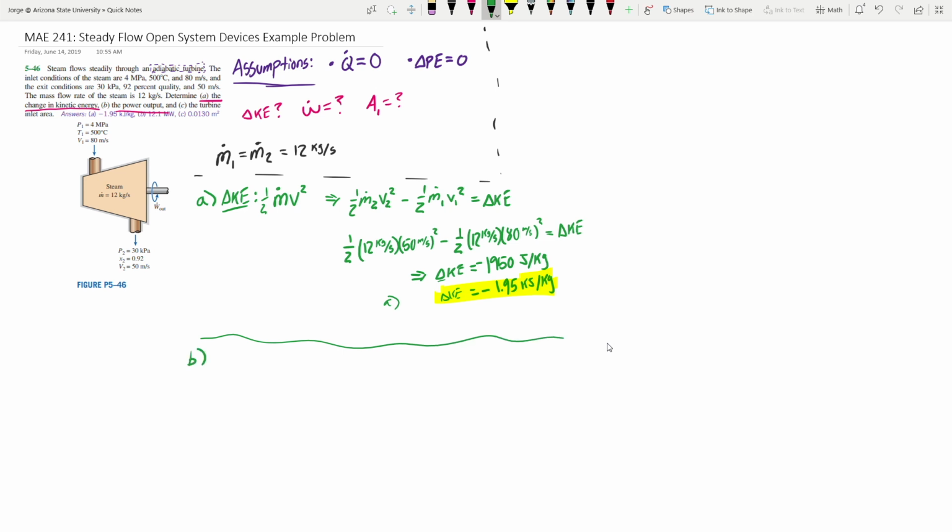So part B asks for the power output, W dot. And another thing I usually always do with thermal questions is an energy balance. So let's write that here.